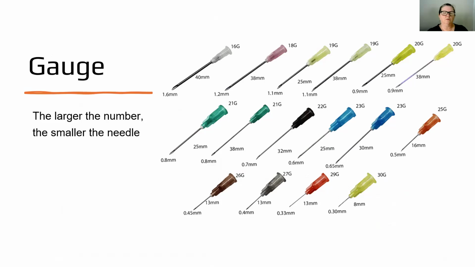It won't go, okay? Or trying to suck a really, really thick milkshake through a cocktail straw. It won't work, okay? So that is part of how you determine which gauge you want to use.